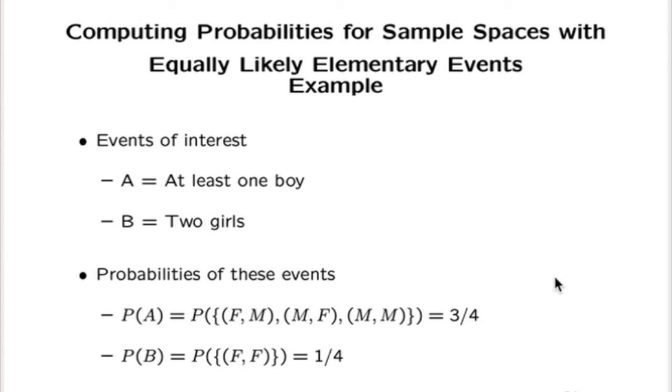The approach involves counting the number of ways that an event can occur and dividing by the total number of ways that the experiment can end up. As we look at more complicated scenarios, determining those counts is not necessarily easy.